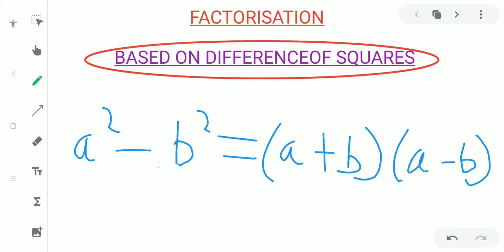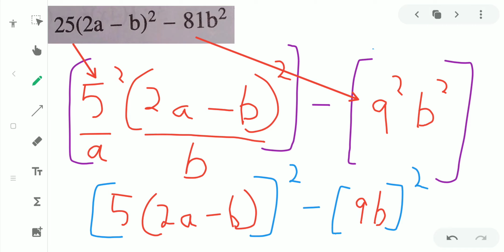If you want to know all these formulas, I have made a video on these formulas, the link is in description below. You can go and watch that video. So now let us come to our topic. 5 times 2a minus b whole square minus 9b whole square.